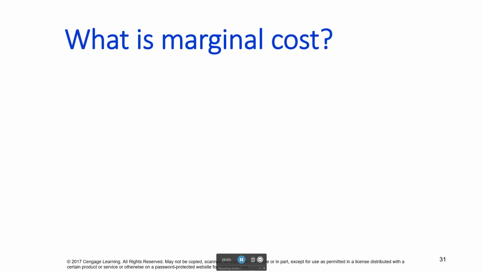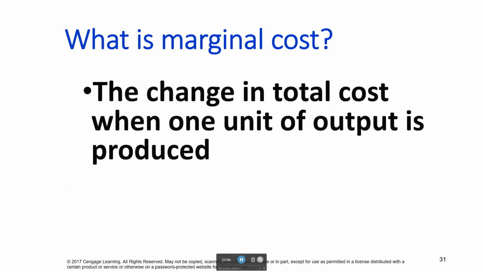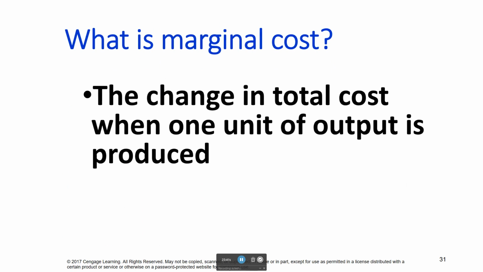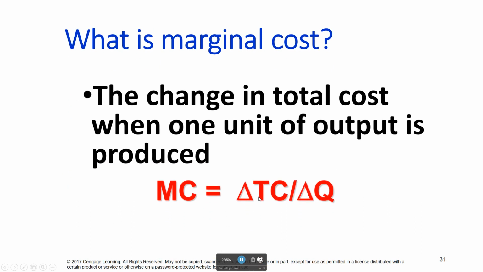The next thing is marginal cost. Marginal cost is the change in total cost when 1 unit of output is produced. It is equal to the change in total cost divided by the change in output. The nice thing about this is we're always using 1 unit changes, so this is always 1.